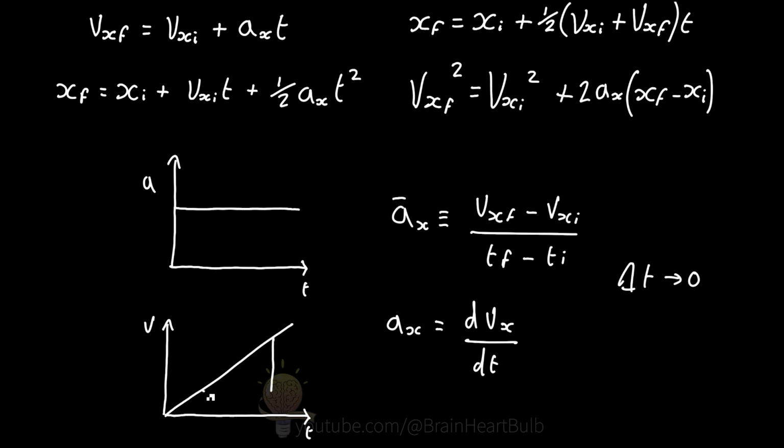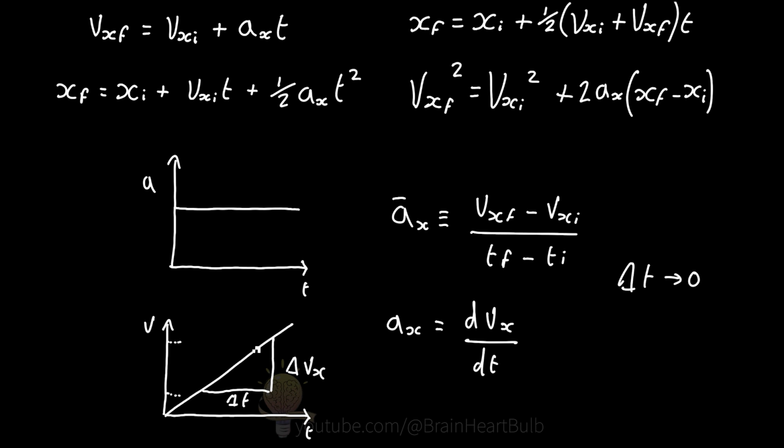If we were to measure the gradient of the velocity time graph using this expression here, where we have the final velocity minus the initial velocity, the change in velocity along the y-axis, divided by the change in time, we would get the gradient of the velocity time curve.